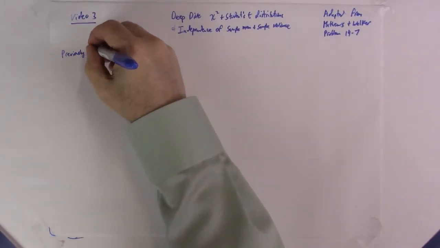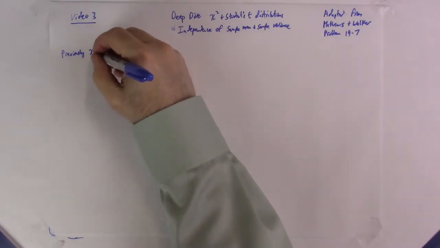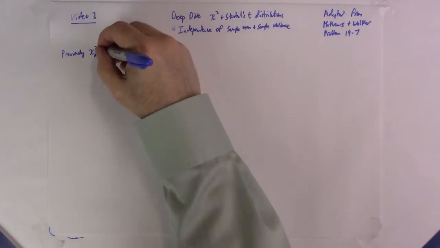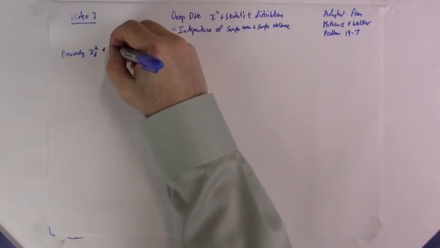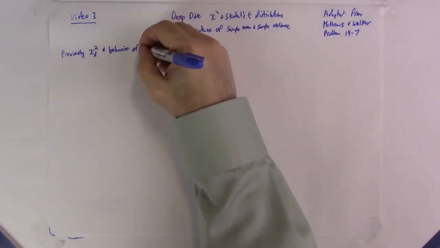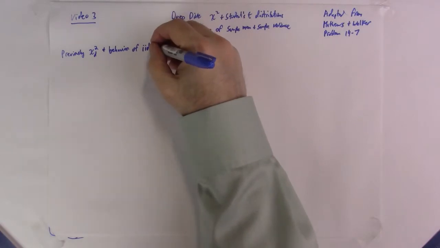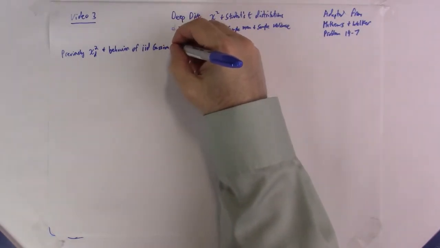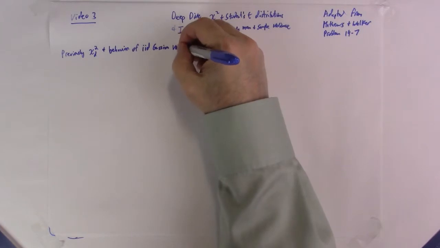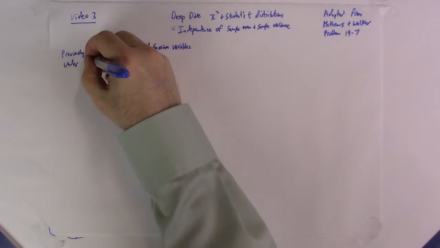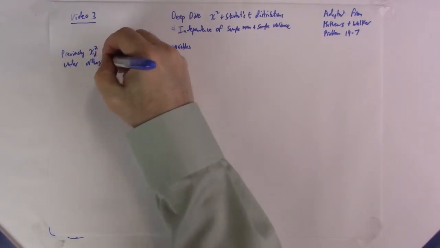So previously we figured out what the chi-squared distribution is for d degrees of freedom, and we analyzed the behavior of IID Gaussian variables under an orthogonal transformation.